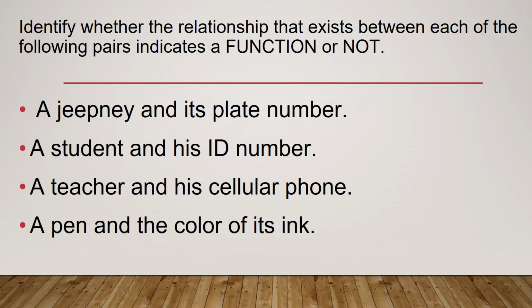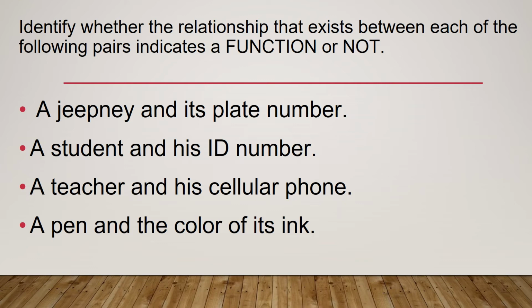Okay. What if in a real life situation, no? We're going to identify whether the relationship that exists between each of the following pairs indicates a function or not. So, for letter A, a jeepney and its plate number. Is it a function or not?